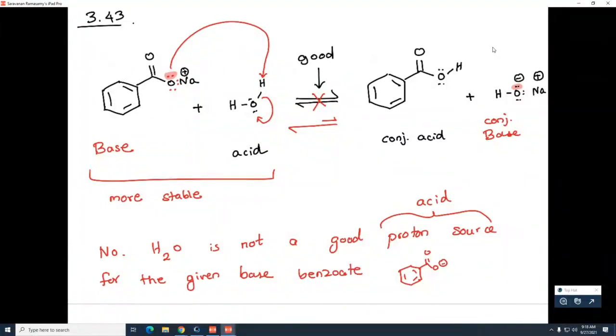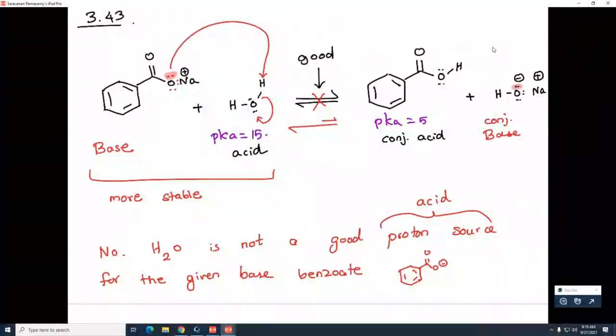The strength of water is pKa 16 or 15.7. The strength of this proton in a carboxylic acid functional group, what's the pKa? pKa 5, right? So that's the stronger acid.